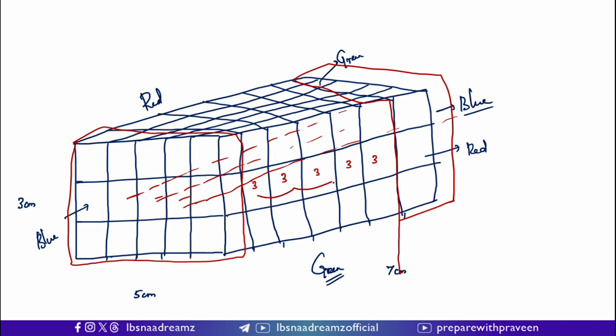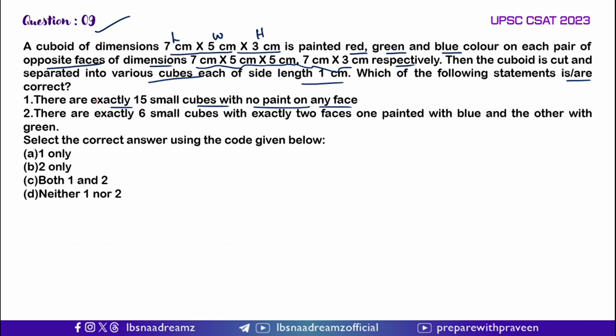Okay, so we have 15 cubes with no paint. Statement 1 says there are exactly 15 small cubes with no paint on any face. So statement 1 is correct.